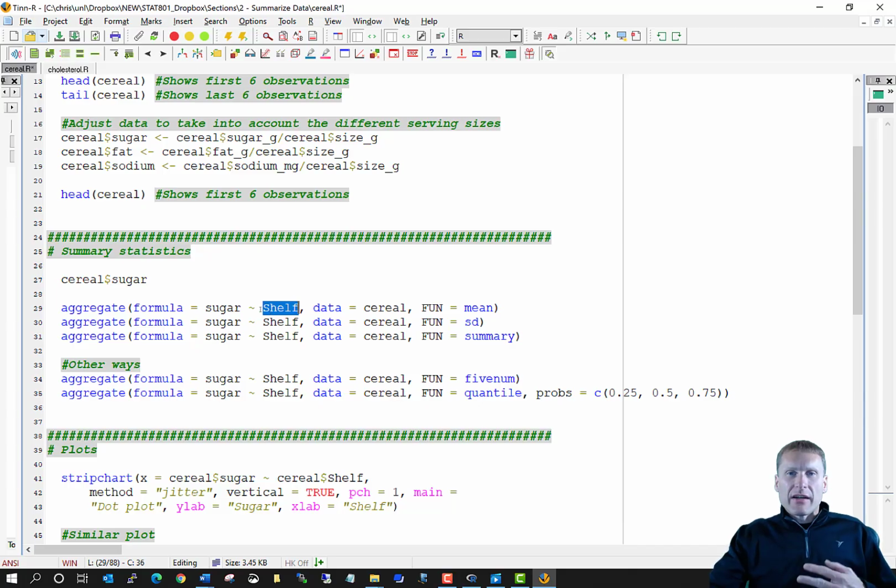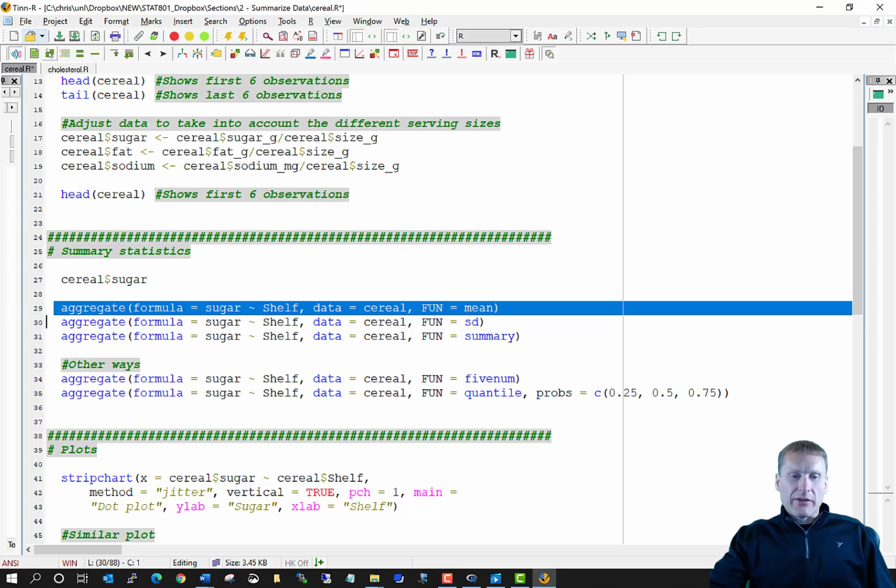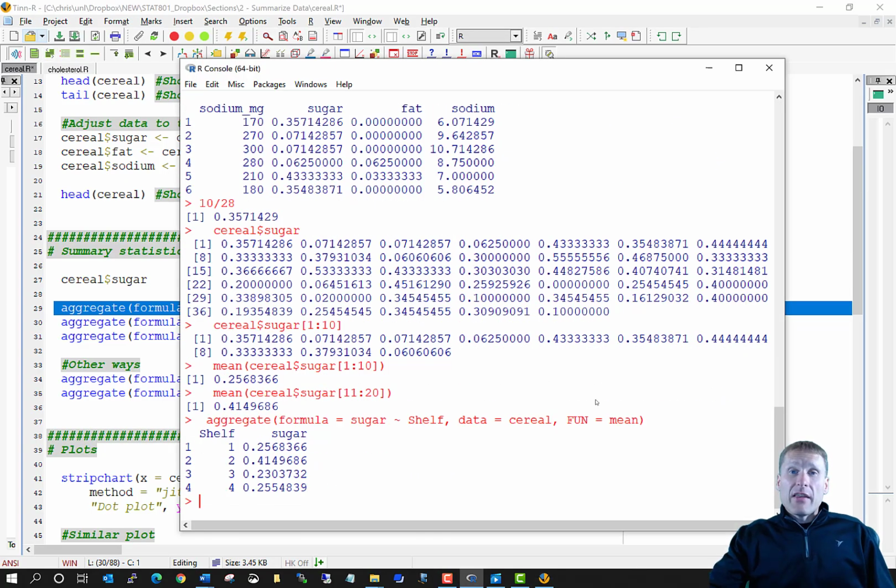This is just a kind of syntax to separate the variable you're interested in and the by variable: use a tilde. My data set or data frame is cereal, and how do I want to summarize all the variable values? Well, I want to summarize them by the mean. So FUN corresponds to function. If I go ahead and do that, we can see that now I have the mean values by shelf.